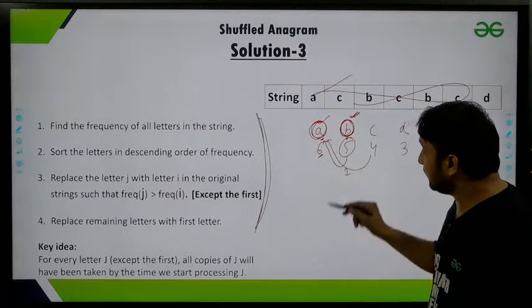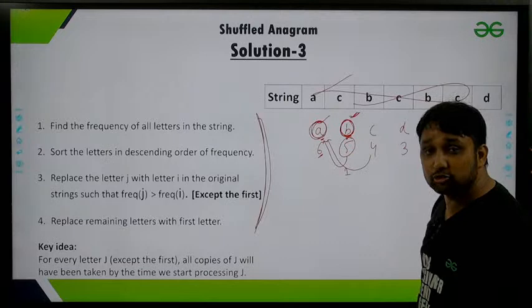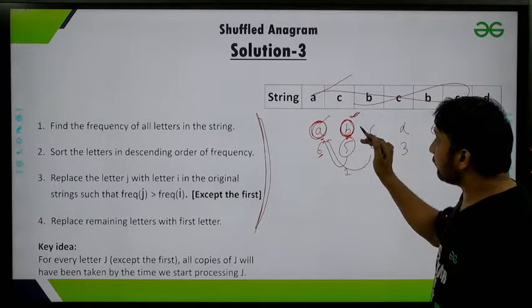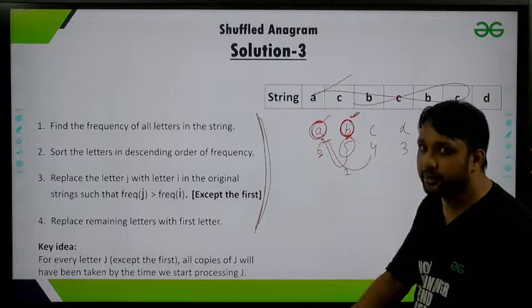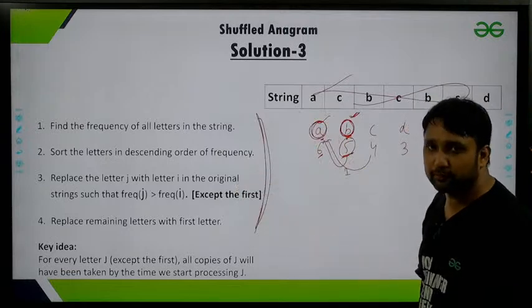He has already replaced all the B with A, so we do not have any B now. One thing is sure, we will not replace B with B because we have already consumed that.